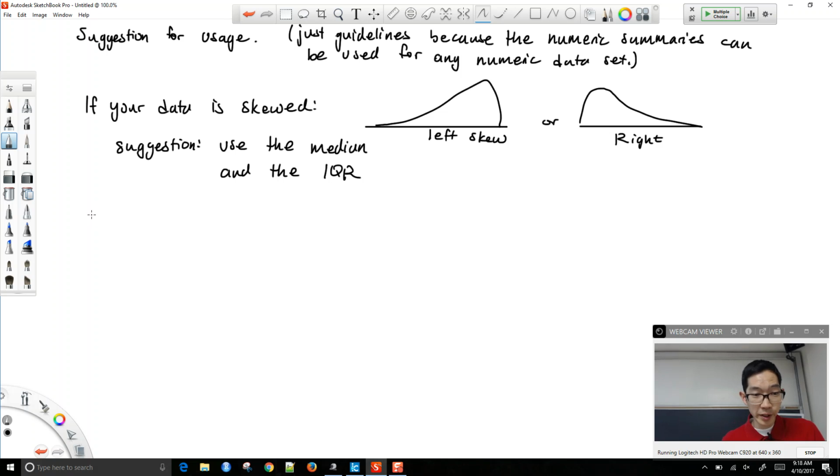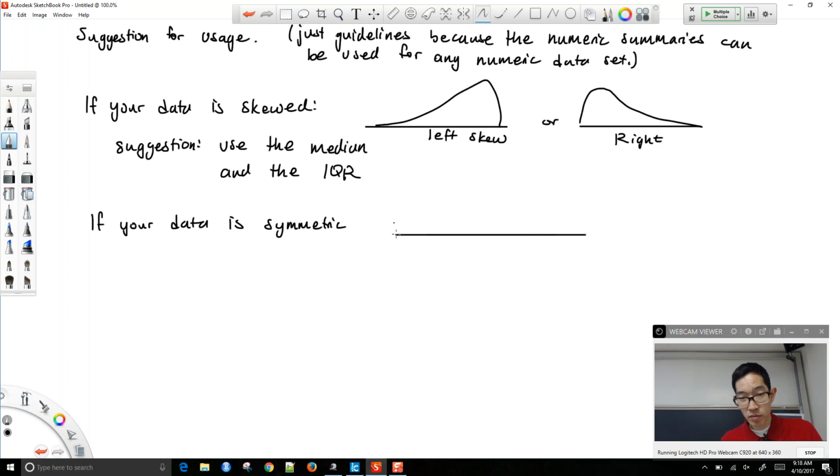And on the other hand, if your data is symmetric, the suggestion is to use the mean and the standard deviation.